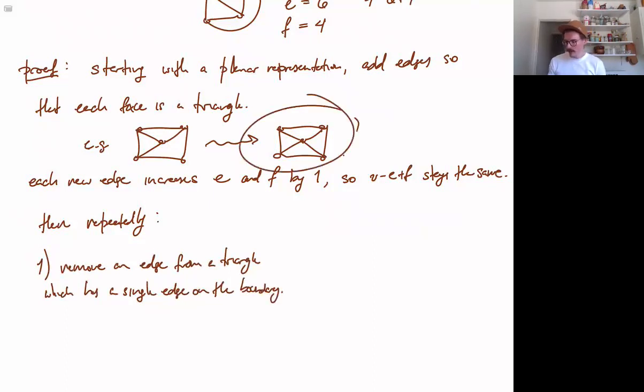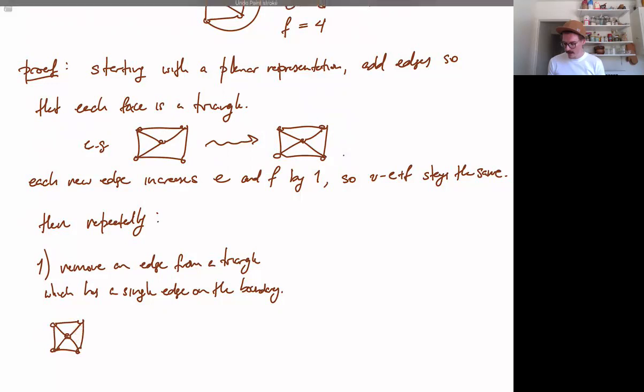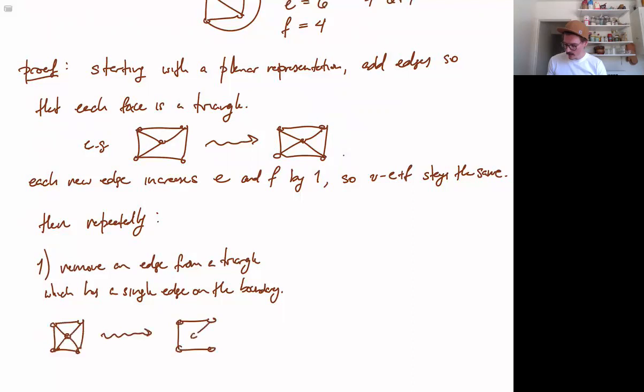So in the current status of our example, this triangle here, this right-hand face, has a single edge on the boundary, which is this one. And so we can delete this edge to get a new graph that looks like this. So we're just deleting this edge.